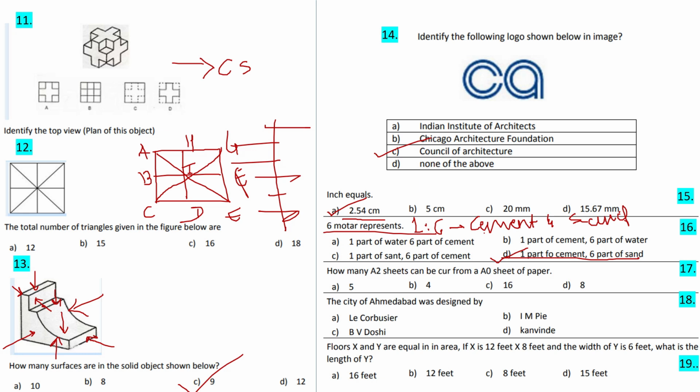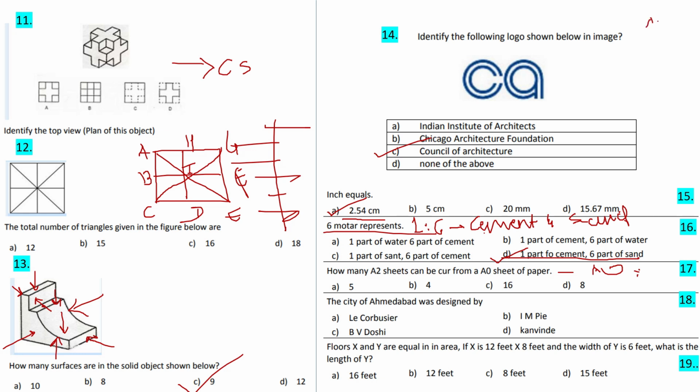Then, how many A2 sheets can be cut from an A0 sheet of paper? Firstly, you have to look at the A0 size and try to divide it. When you get such a question, just try to remember the paper sizes till A5.